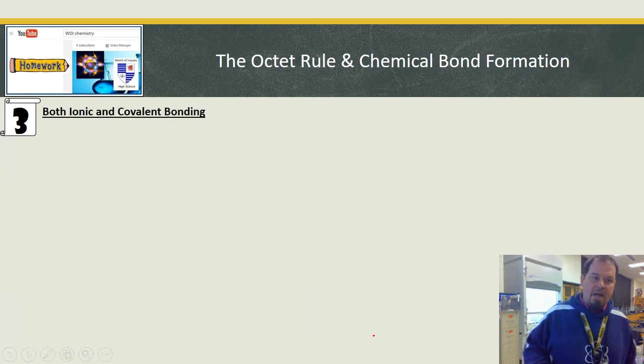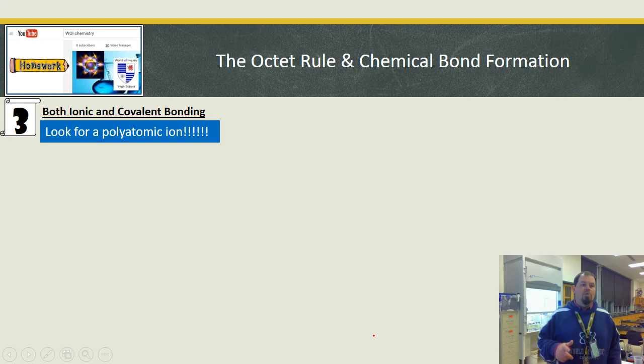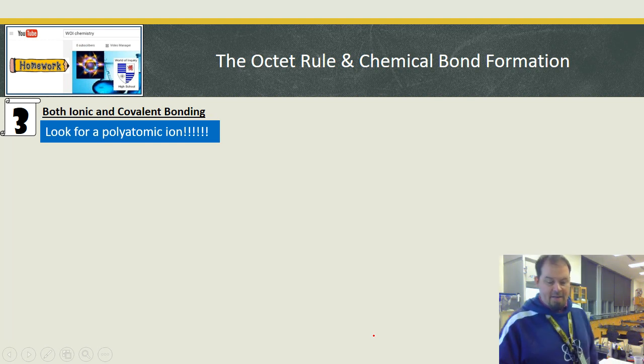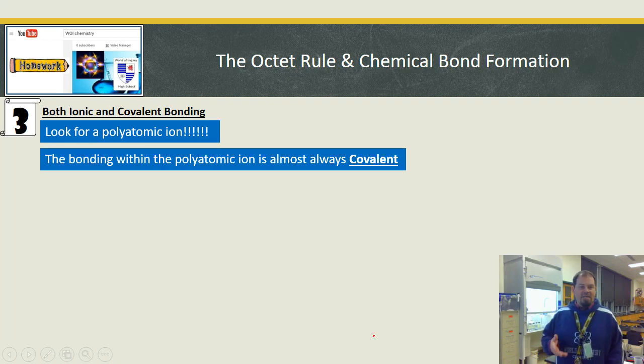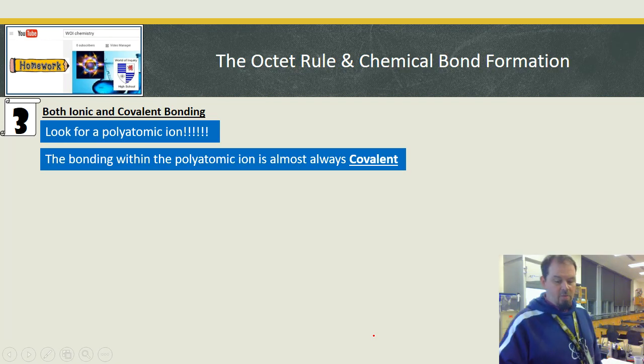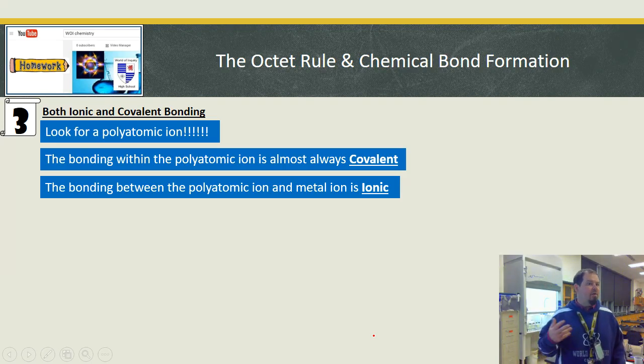Okay? Now, if both ionic and covalent bonds are present, you are looking for a polyatomic ion. This is a classic Regents question. The bonding within the polyatomic is almost always covalent. They're always nonmetals, but they've collectively lost or gained an electron.